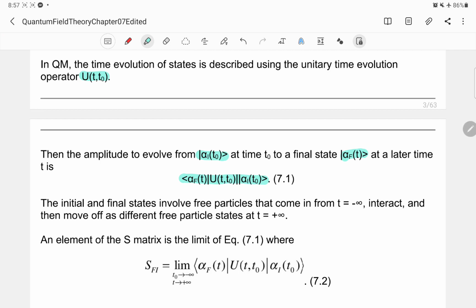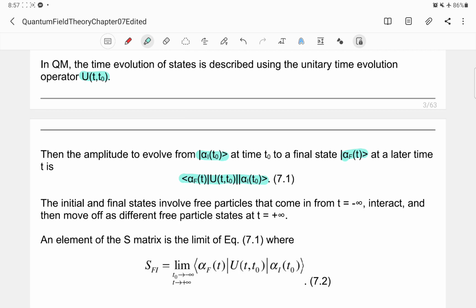The initial and final states involve free particles that come from time at negative infinity. They interact and then move off as different free particles at t equals positive infinity.